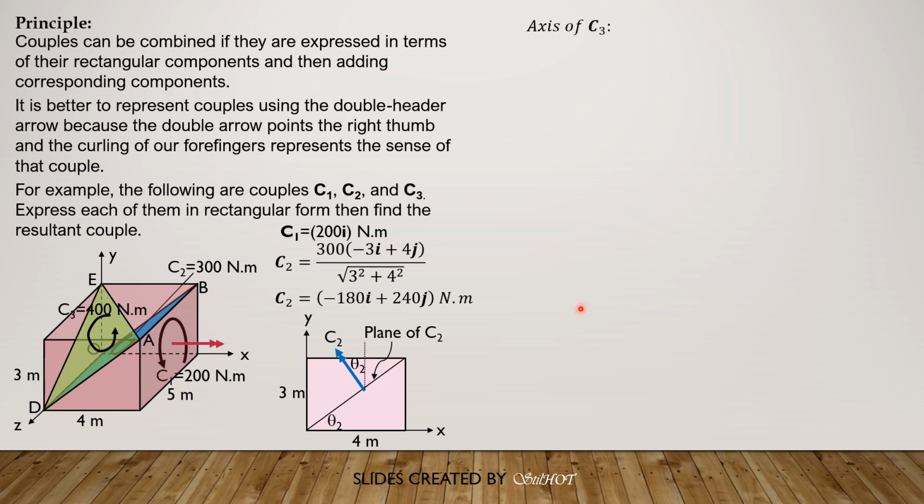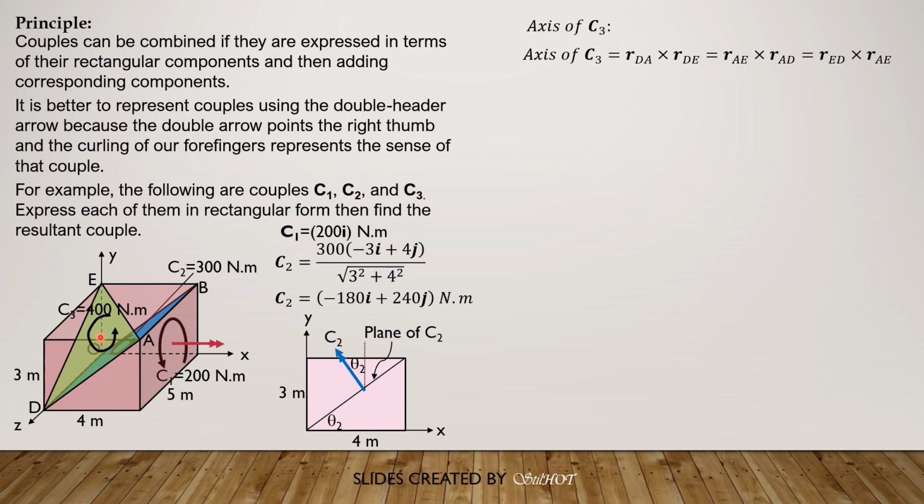Then the axis of C sub 3. The axis of C sub 3 is derived by any of three possible ways. One is the cross product of position vector DA with DE.